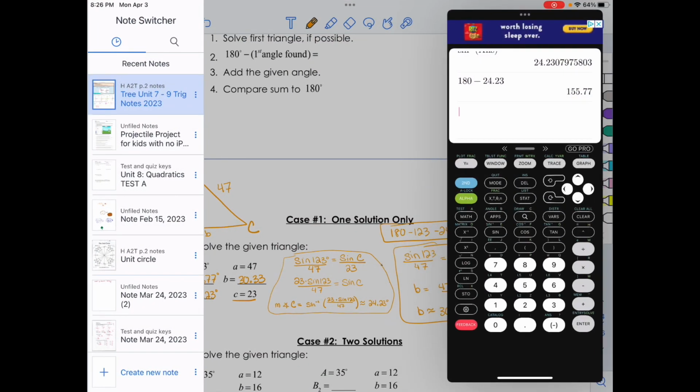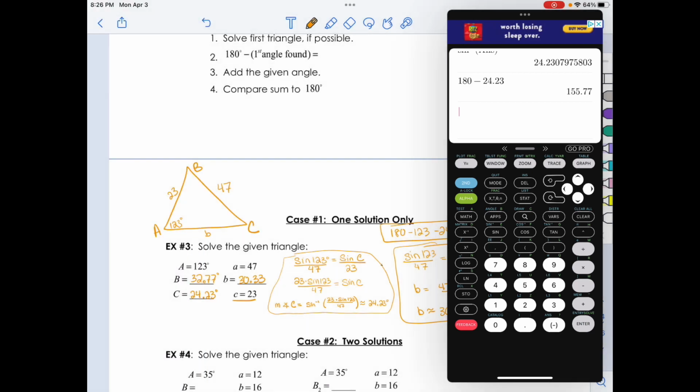We add the given angle, the one that we started with, which was 123. And if that number is greater than 180, we only have one triangle. So greater than 180 degrees equals one triangle.